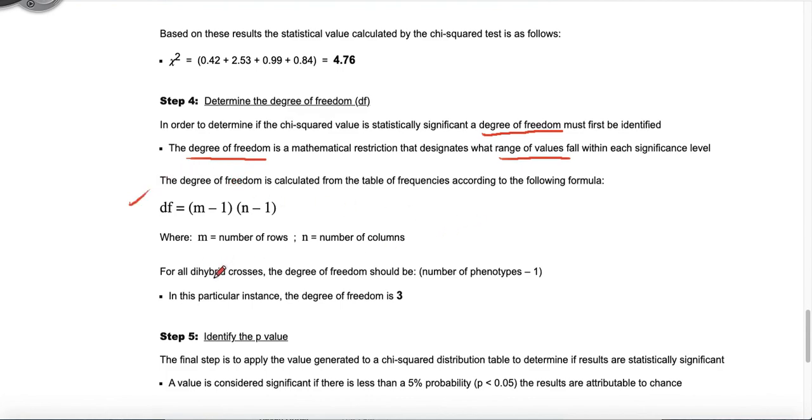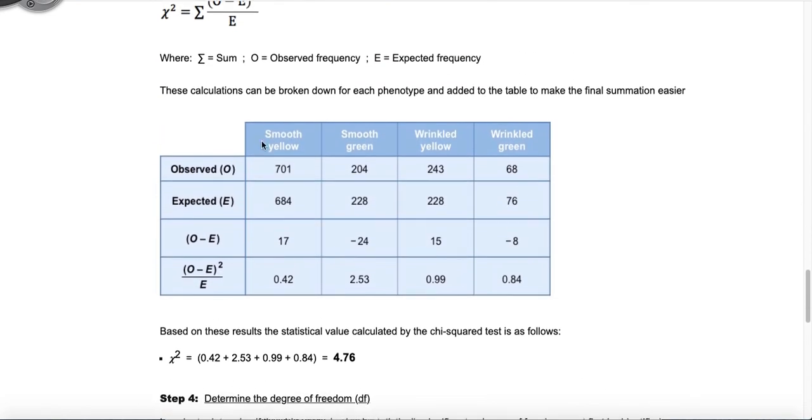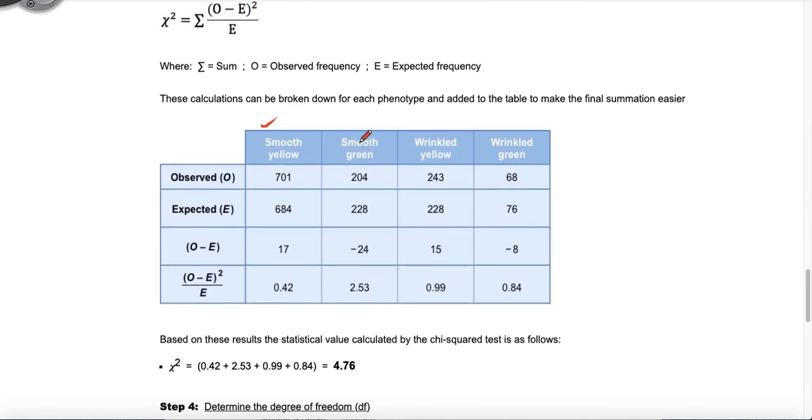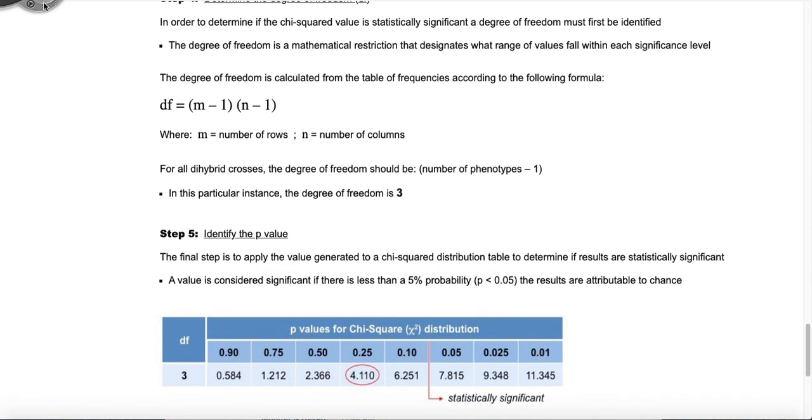But just to make it a lot simpler for you, for a dihybrid cross, the degree of freedom should be the number of phenotypes minus 1. So in this particular case, if you look up here, you have 1, 2, 3, 4 possible phenotypes. So it's always going to be the number of phenotypes minus 1. So then it's 4 minus 1, and we end up with 3 degrees of freedom. So let's go down here. So there it is, 3 degrees of freedom.